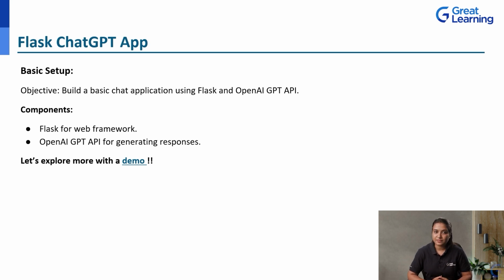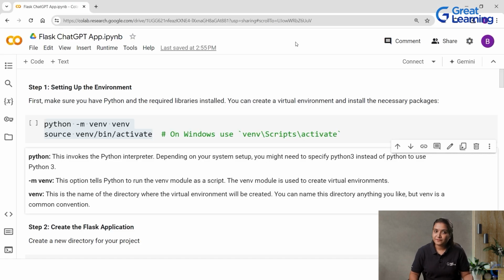Google Colab is a very good place to work with Python content. Let's check out the code and understand what it does in order to create a ChatGPT app using the Flask library in Python. Now, here we are on the Google Colab.